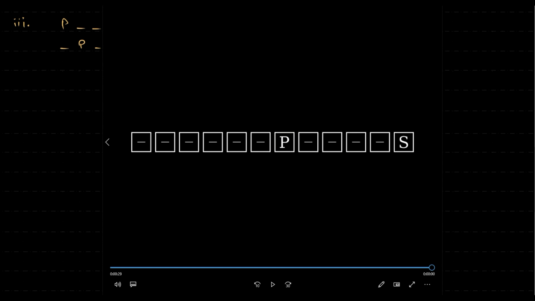So we have always 1, 2, 3, 4, 4 blocks between P and S. But one more thing: P and S can also flip. See, the point here is that P should be first and S should be last is not the condition between them. So between them I can flip P and S. So basically this will be S and this would be P, the same animation with S at the start and P after 4 blocks.